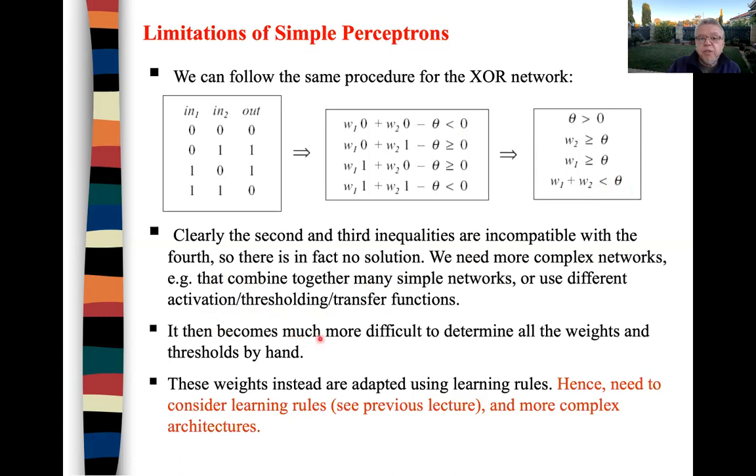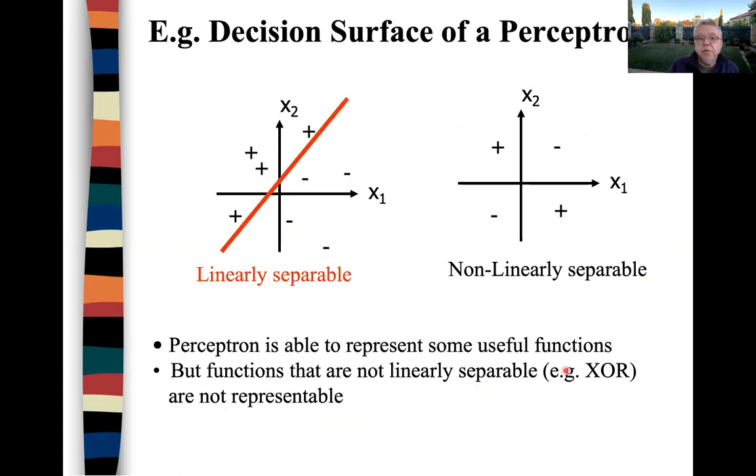It then becomes much more difficult to determine all the weights and thresholds by hand. We don't want to do it. So these weights instead should be adapted or changed or modified using learning rules. This is what we saw in our previous lectures. So we have to either consider different learning rules or more complex architectures or a combination of the two.